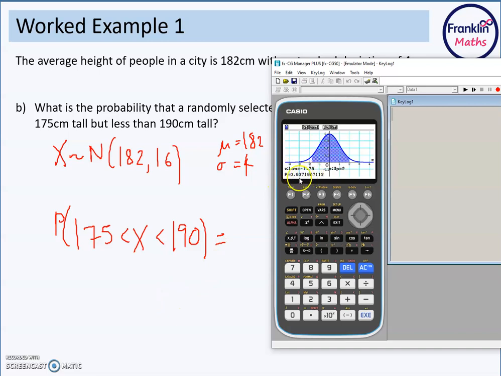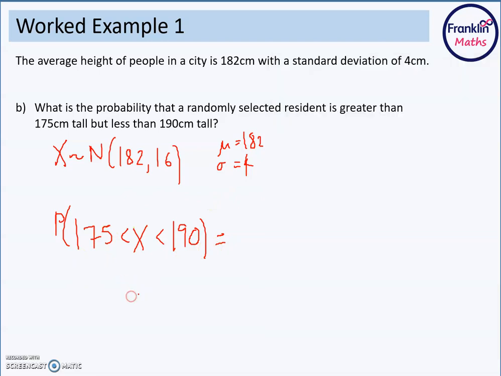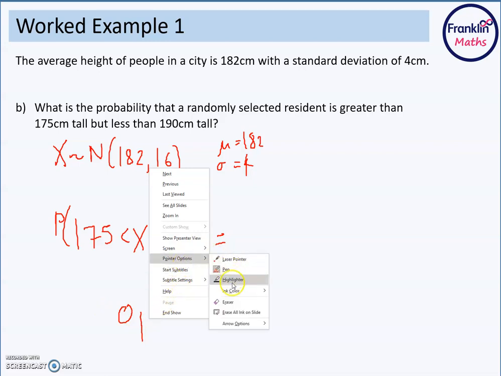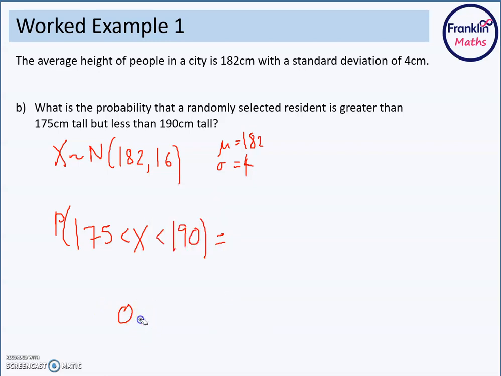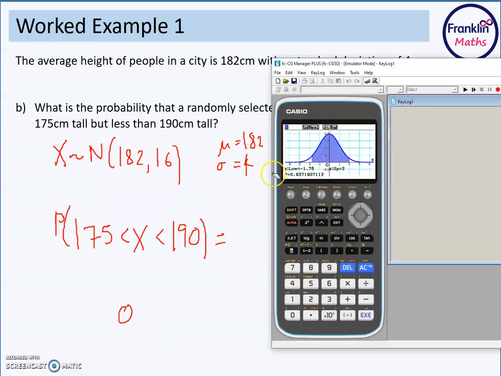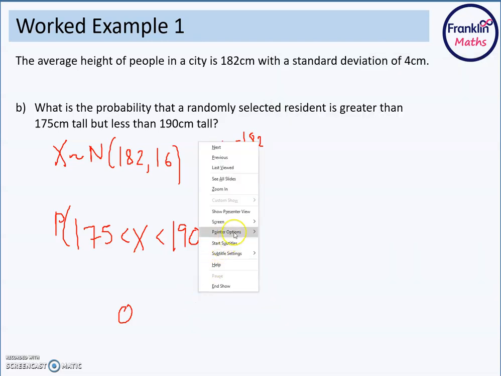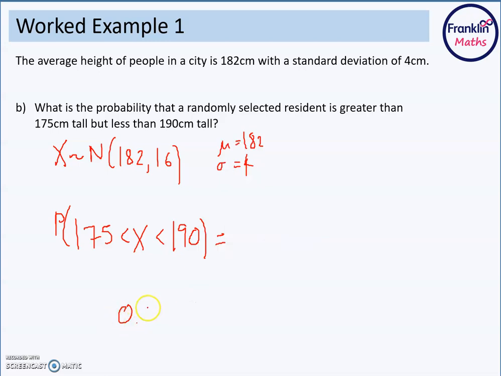So you can see here that this gives you a probability of 0.9372. Easy enough to do on your calculator. Okay. And the worksheet has plenty of practice of that.